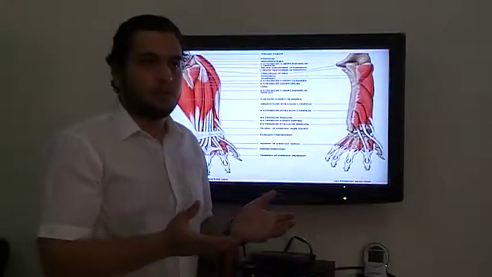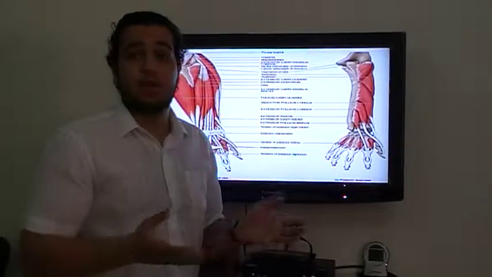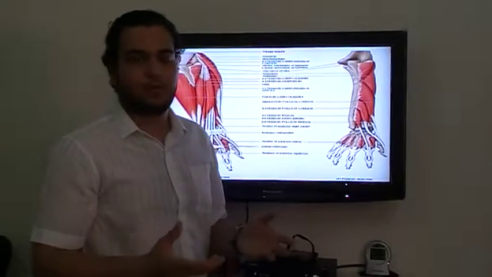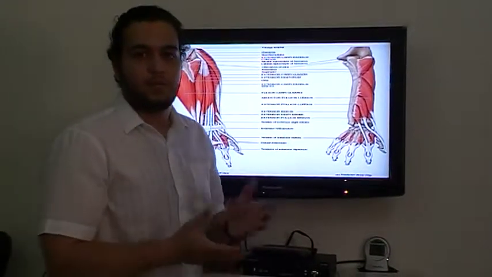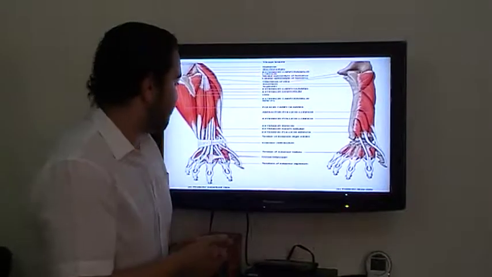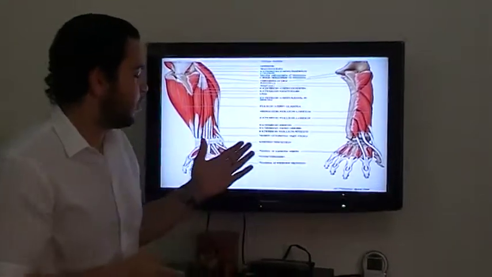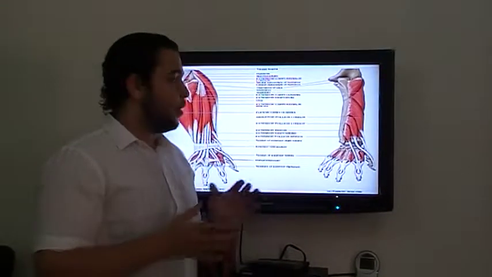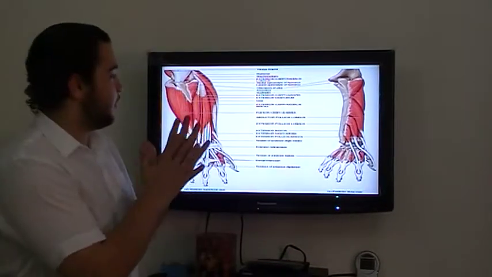They are not very important. They are important functionally, but in exams they don't ask about them much. It's very hard for students to identify them because they are very deep. I believe that's it. We have also other muscles that are called lumbricals. These are there in the palms.